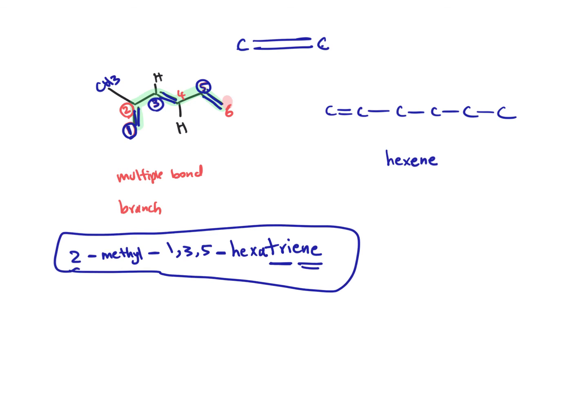Okay, let's go to the next one. So we have something like this. If I can draw this good enough to demonstrate. I don't want to be perfect, just as long as I can demonstrate the point that I want to make.